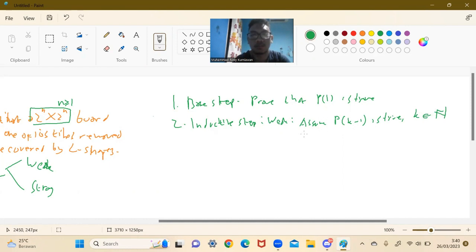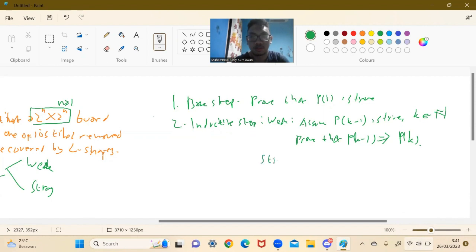From here, we try to use the assumption that this is true to prove that P(k minus 1) implies the truth of P(k). I'm not going to show you exactly how to do it right now, but we're going to move on first.